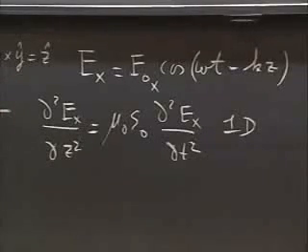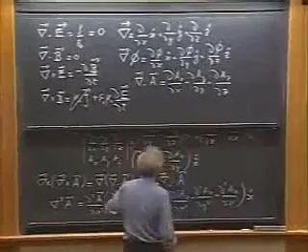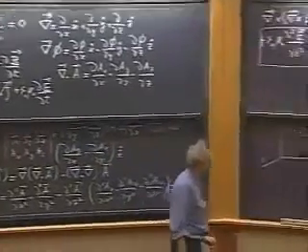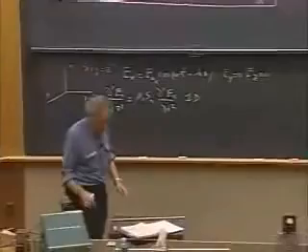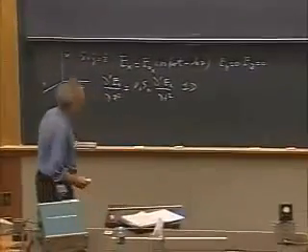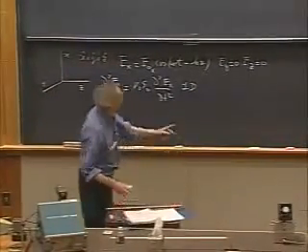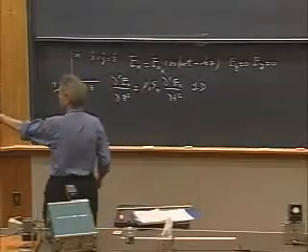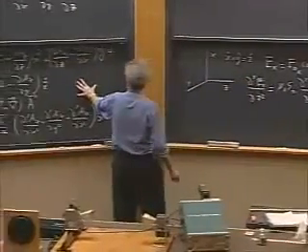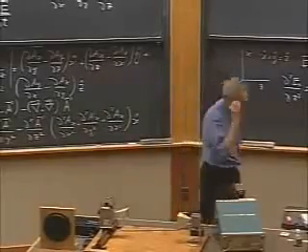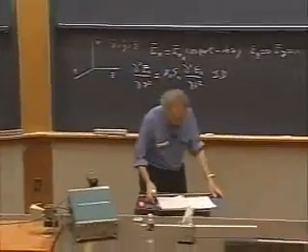Now remember that the curl of E is minus dB dt. So the curl of E, in this case, and you can check that because you know what the curl is. I have the curl, here is the curl. The curl of E, there's only one term that survives.